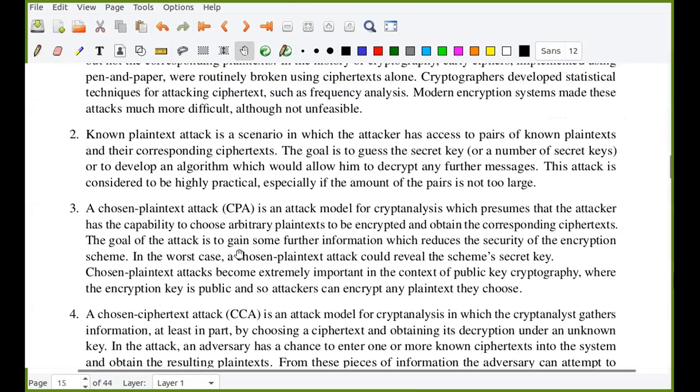So chosen plain text attack means what? You can think like this. In the known plain text attack, let us assume the person gives only certain plain text and certain ciphertext.